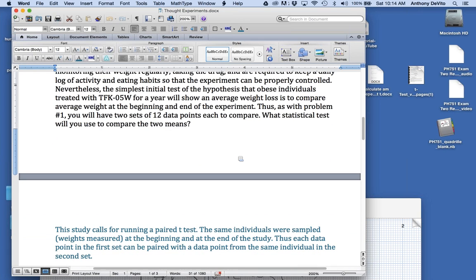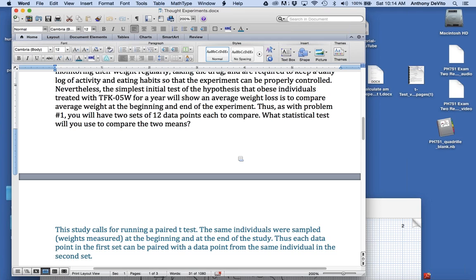At the end of the year, you're going to reweigh those 12 individuals, and now you have 2 sets of data. You have a set of data for these individuals before they started taking the drugs, and you have a set of data for these individuals after they've been taking the drugs for an entire year. So you have two columns of numbers, just like you had before, two groups of numbers.